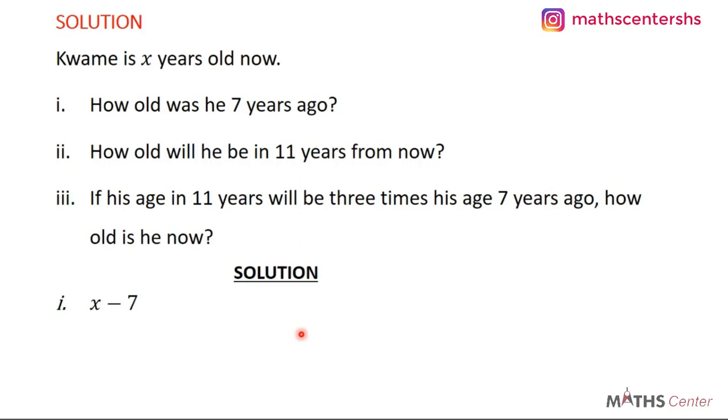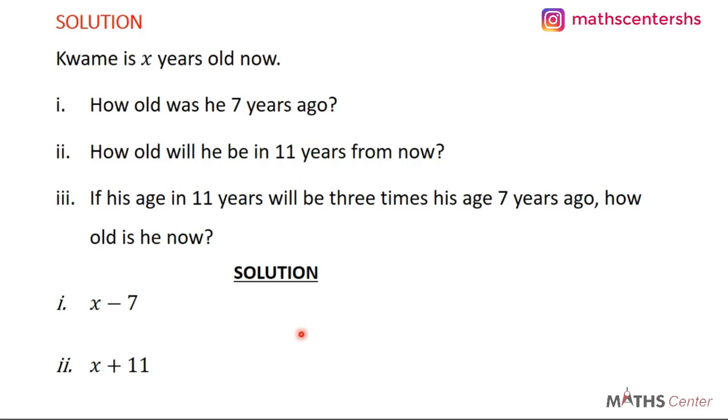So if Kwame is x years old now, in 11 years time, he is going to be x plus 11 years old. I hope that is clear. His age now plus 11 years will give us his age in 11 years time. So if his age now is x, his age in 11 years time will be x plus 11. So we've answered part 2.